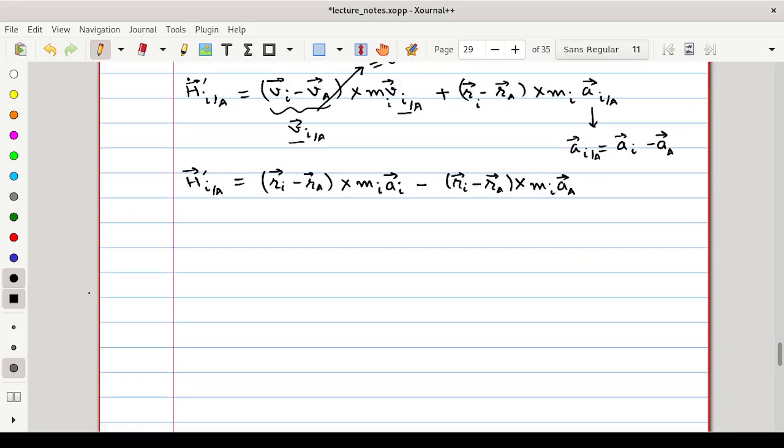So this is the rate of change of relative angular momentum for the ith particle.